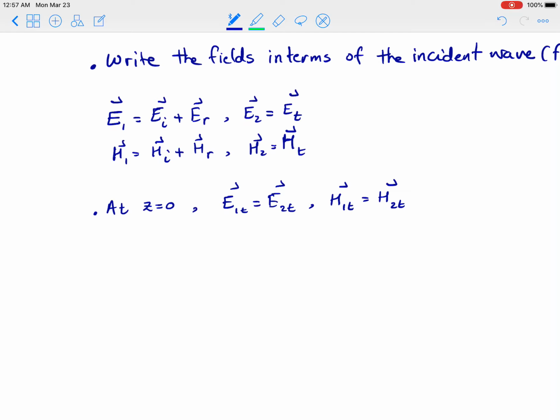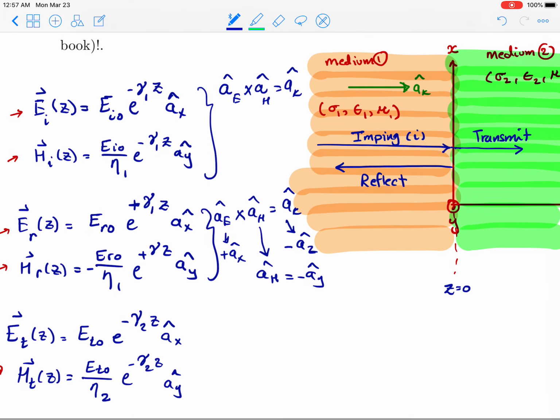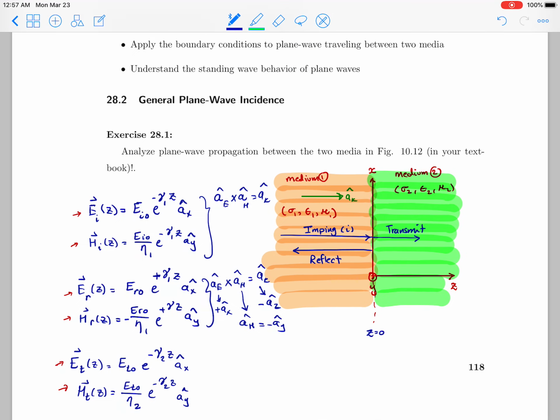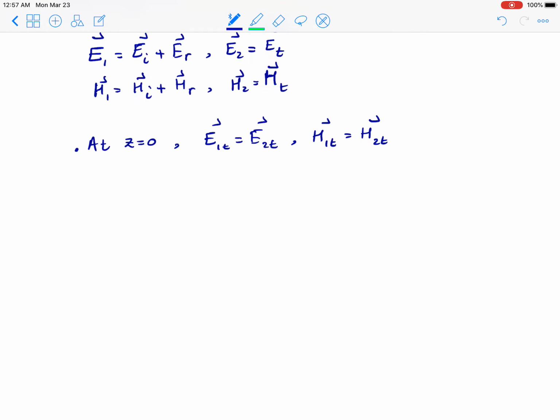Notice here that the normal component should be along the z direction. However, all of the electric fields that we have are along the positive x direction. Similarly, all the magnetic fields that we have are along the y direction. That means all of the fields that we have are tangential components.